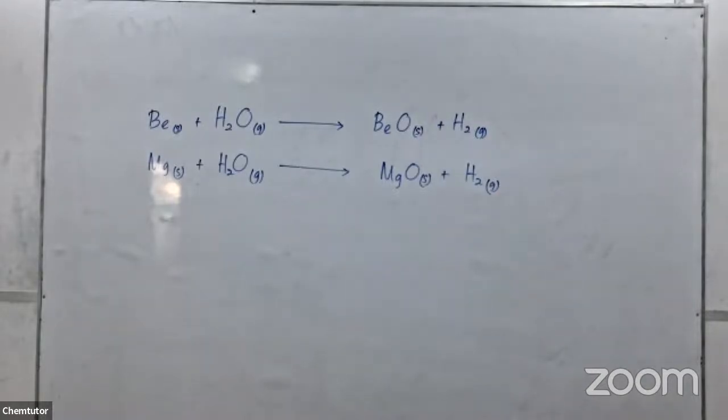Here we have learned the reaction of group 1 elements with water. Now we are going to learn about the group 1 elements with air. So let's learn these reactions.